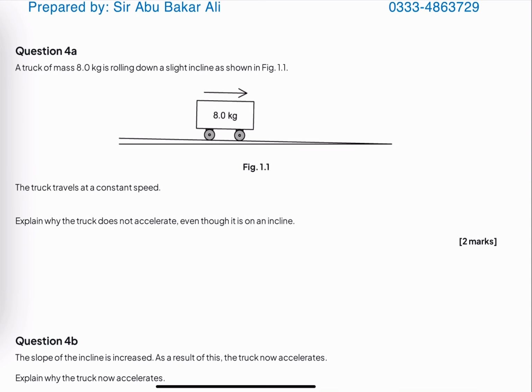Okay, so it's not accelerating even though it is on an inclined plane. So we can say that the forces acting on it are balanced. This is the first point.